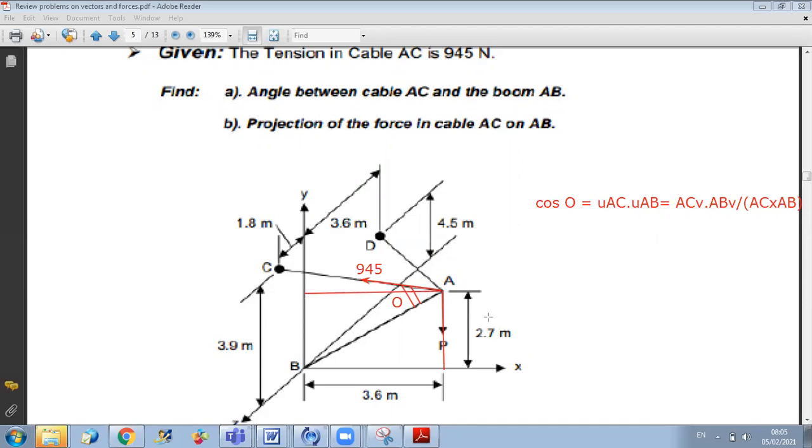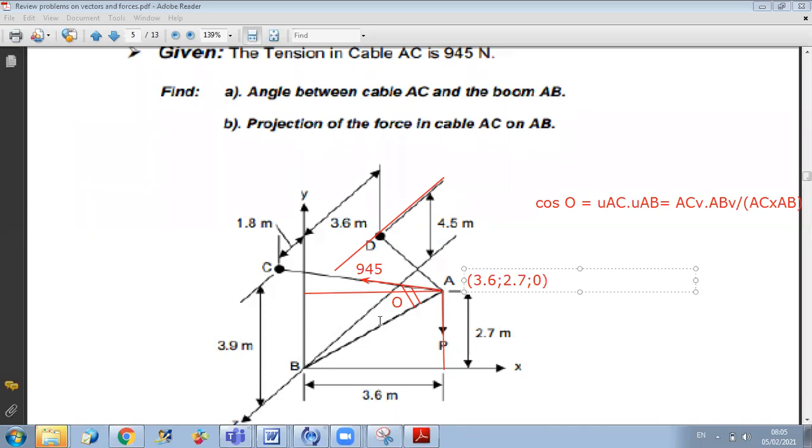From the figure, there is no component along Z, because otherwise they would have drawn a line and given me the length. So for A, the coordinates are 3.6, 2.7, and 0.